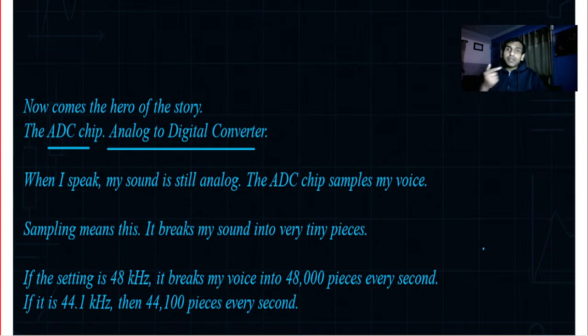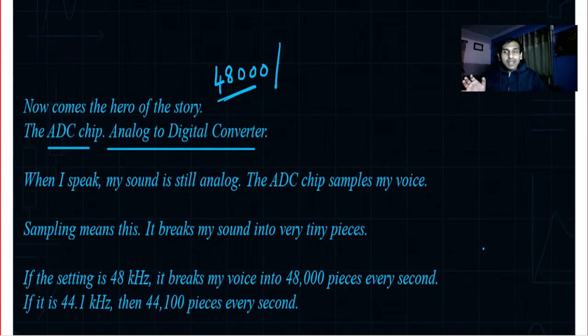It will cut any sound into 48,000 pieces every single second. That means when I speak for 5 seconds, the chip will convert it into 48,000 multiplied by 5 pieces.